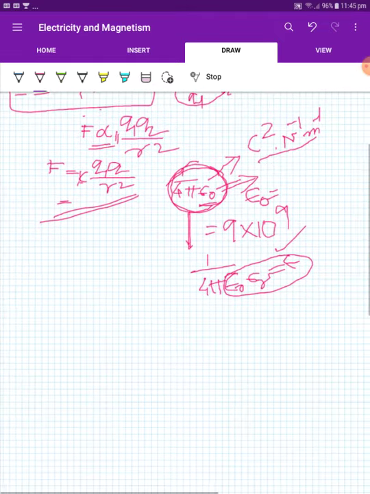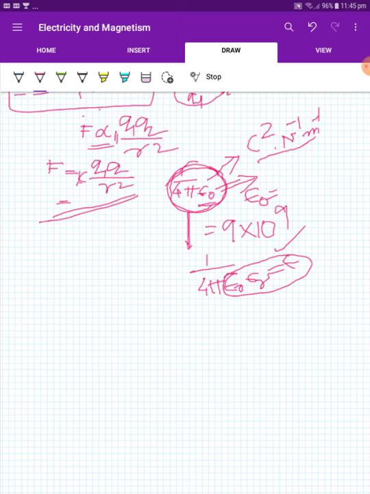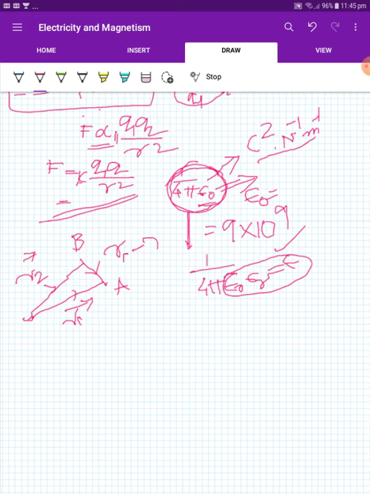Since force is a vector quantity, if this is point A, with position vector r1, and this is r2, the position vector of point B, then the separation will be simply r1 minus r2.